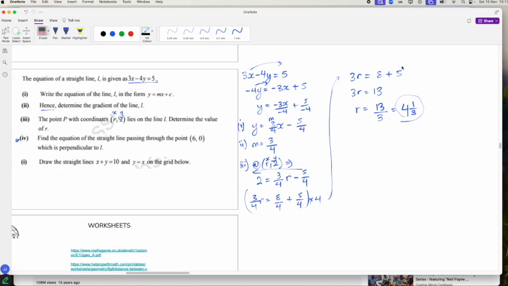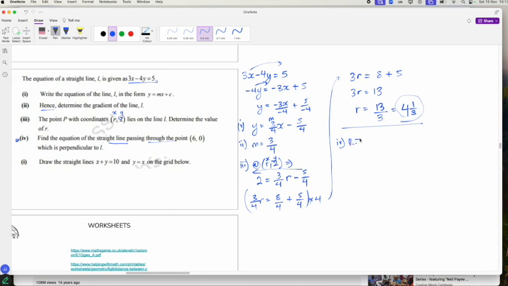By the way, this question is actually an O-level CSEC maths question. This is an actual O-level past paper question from normal CSEC math. Find the equation of the straight line passing through the point. So this now here is number 4.